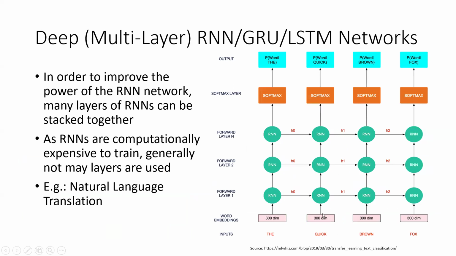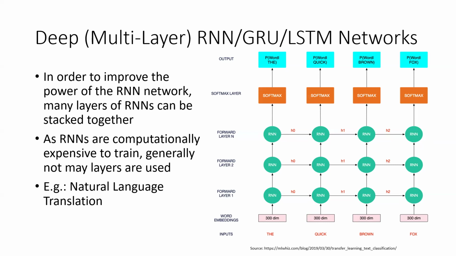In the earlier case, although there are many time steps, those are not really deep recurrent neural networks. Only when you add layers one on top of the other does it become a deep recurrent neural network. Once you develop a deep or multi-layered recurrent neural network, you can do predictions and inferences far better than with a single-layer recurrent neural network. So that is an advanced version of recurrent neural networks.